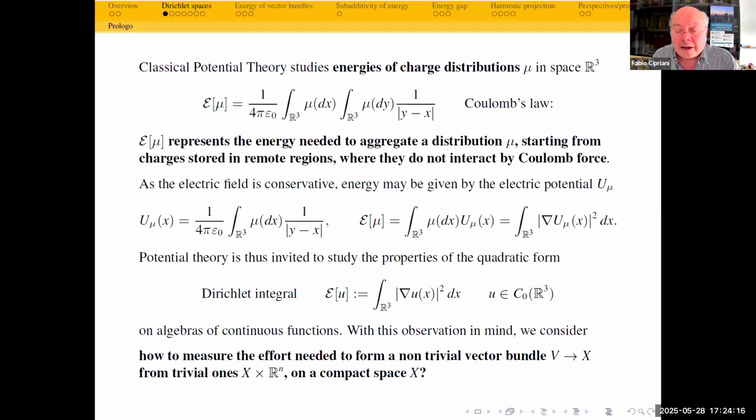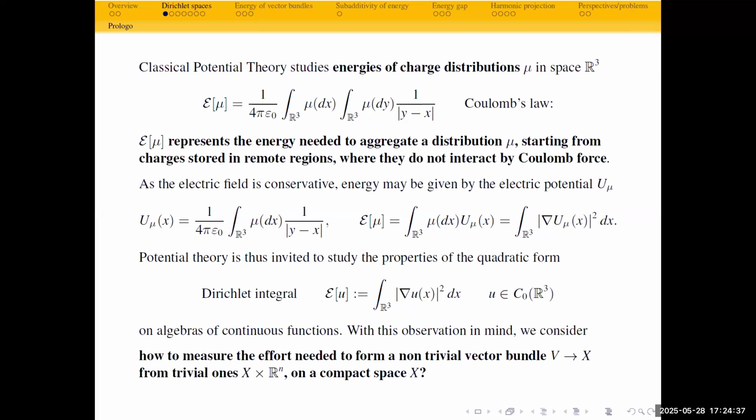No, in general, the type of singularity which makes the energy finite depends, in the Euclidean case, also on the dimension of the space. Yes. But I think a simple example is you just take the Lebesgue measure, so mu of dx is just dx, and then it is not finite, right?